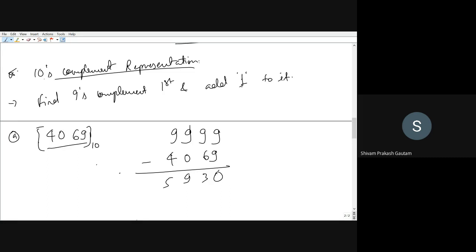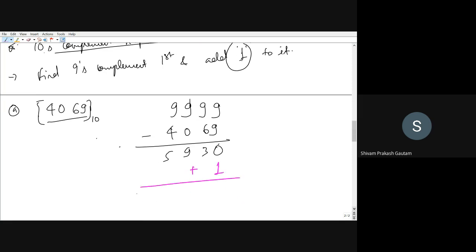Right now it is in nines complement form. In order to make it a tens complement form, you have to add 1. So I will add 1. So this will come out to be 5931. So this is the tens complement representation of this number.